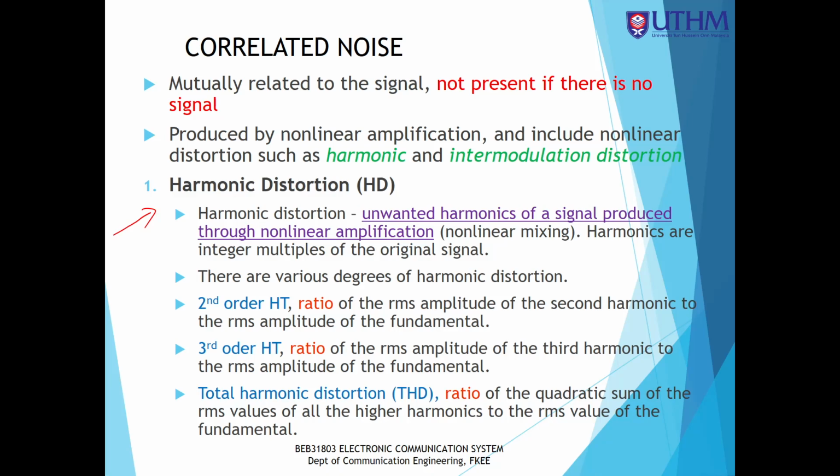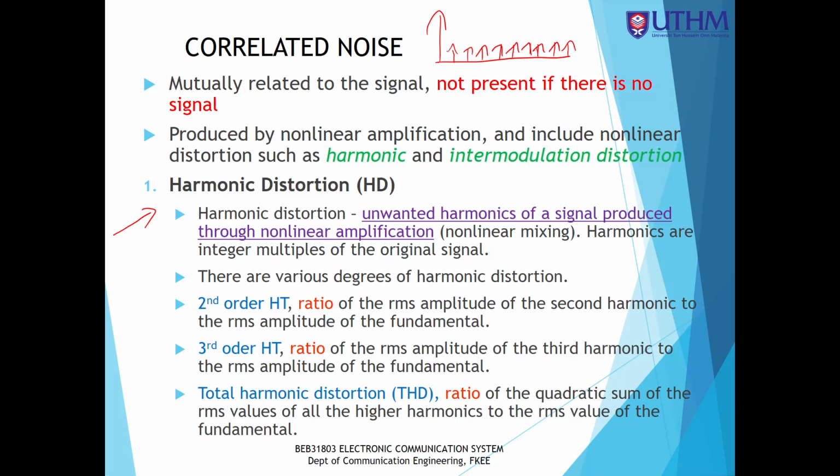Simply put, we have the input signal, and when this single input signal is put inside the nonlinear amplification, it will produce some small harmonics, very small amplitudes of noise, which is what we call the harmonics.